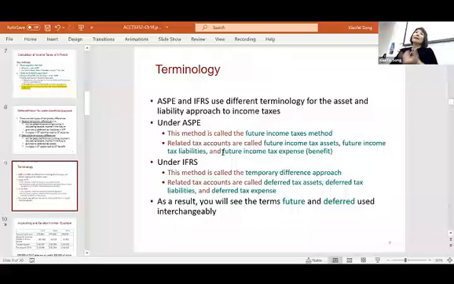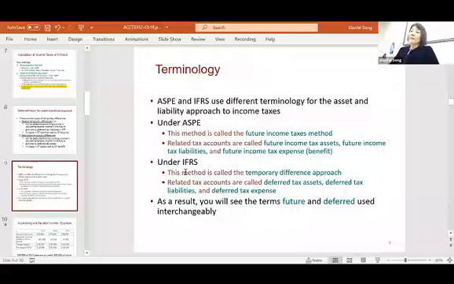And in the income statement, it will be called the future income tax expense or future income tax benefit. The same asset and liability approach when used under IFRS, you just substitute all this, the future, with the deferred. That's pretty much it.